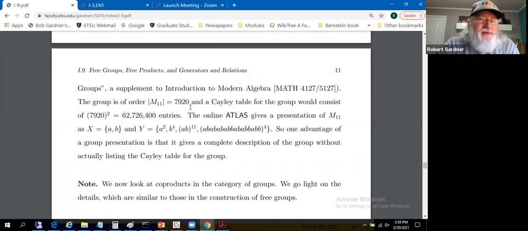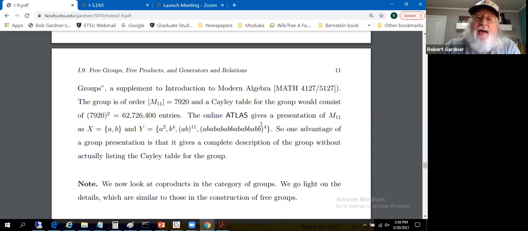So if we wanted to discuss the Mathieu group M11, if we made a Cayley table, that'd give a complete description of it, but that'd take 7,920 squared entries, so something like 63 million entries. But there's an easier way to present this group.